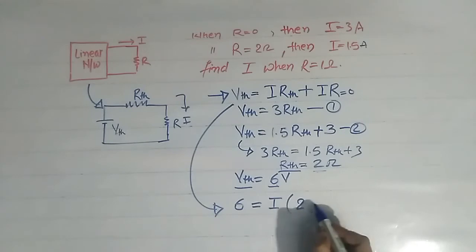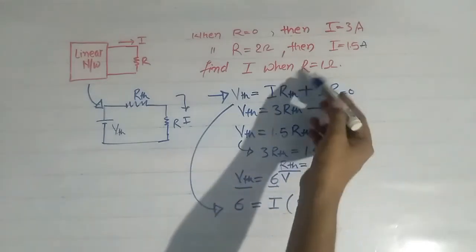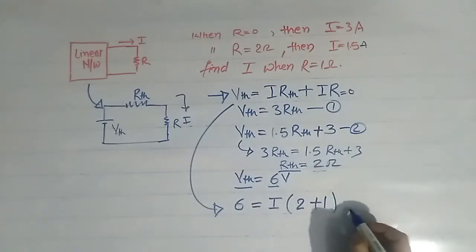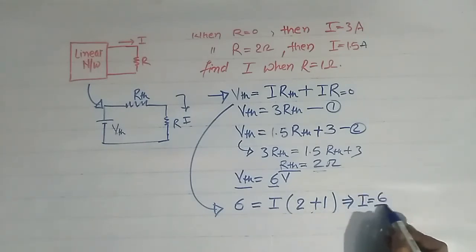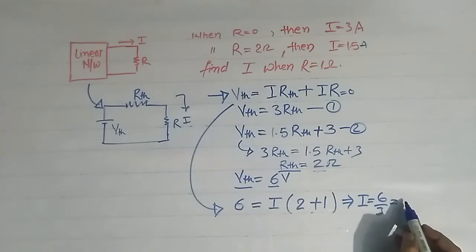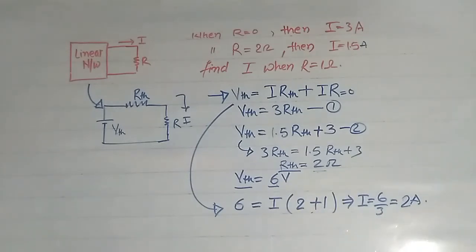So 2 plus R, and here R is 1 ohm. So now it gives I is equal to 6 by 3, that is equal to 2 ampere. So answer is 2 ampere.